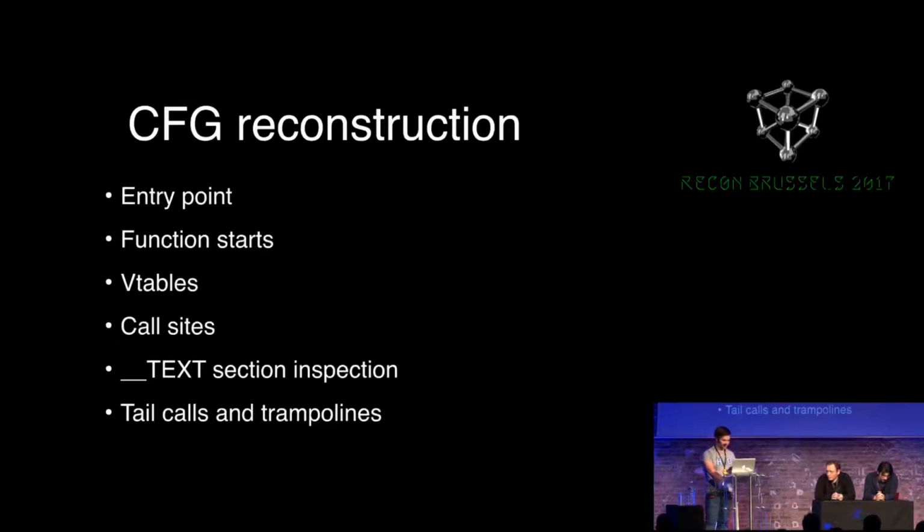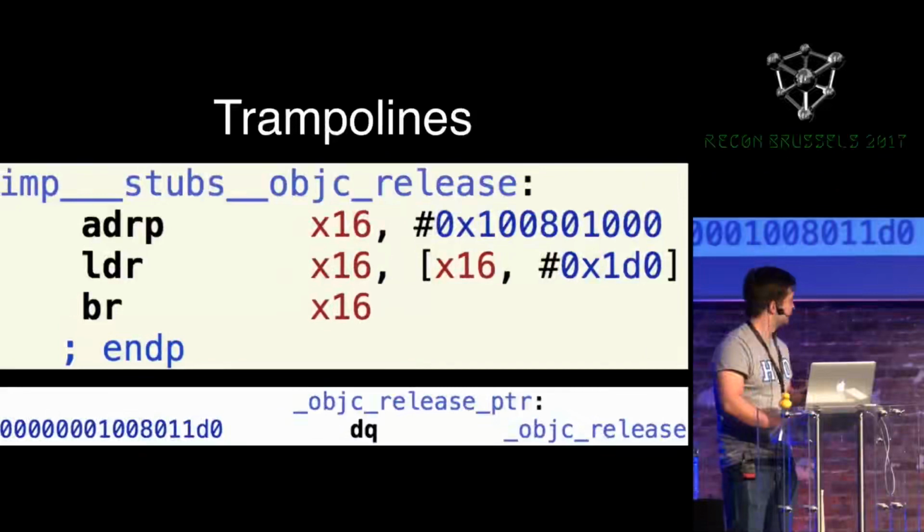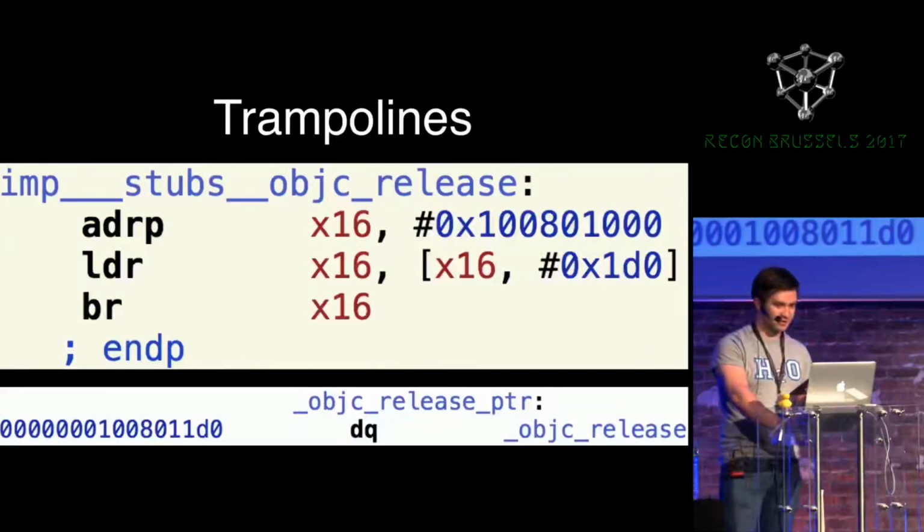We also have to take special care of trampolines and tail calls. Here you can see an example of a trampoline for the function objc_release. During the translation, we replace this trampoline with a call to the real objc_release.